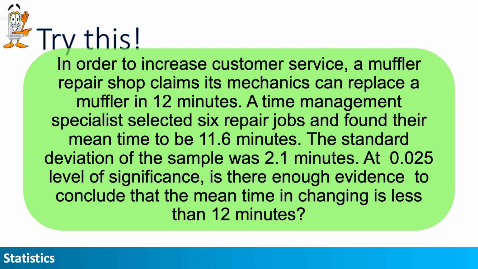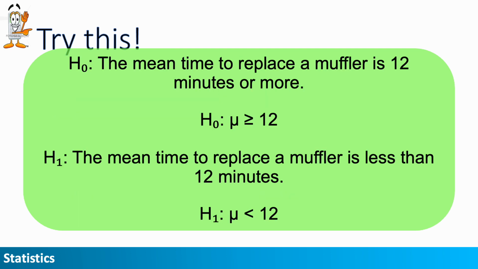Okay, so if the alternative hypothesis is that mu is less than 12 minutes, then consequently the null hypothesis includes both that mu is equal to 12 and that it's greater than 12. Our null hypothesis says the mean time to replace a muffler is 12 minutes or more. And then the alternative hypothesis is the mean time to replace a muffler is less than 12 minutes. So that's it. That's how you form your null and your alternative hypothesis.